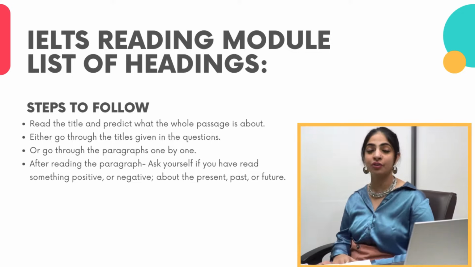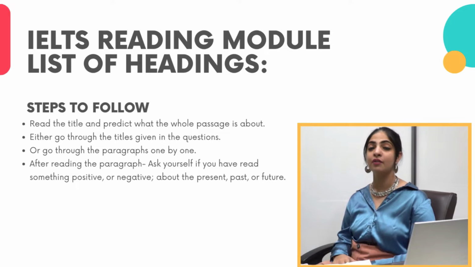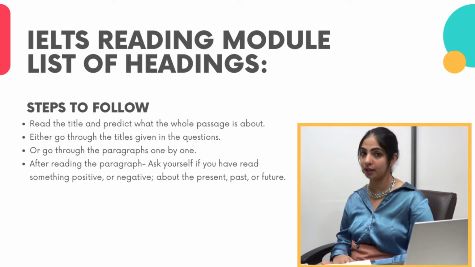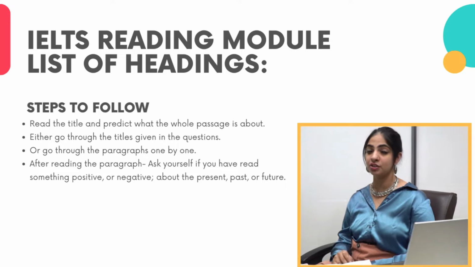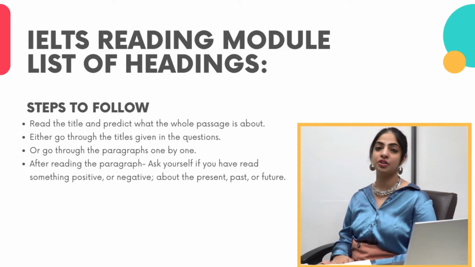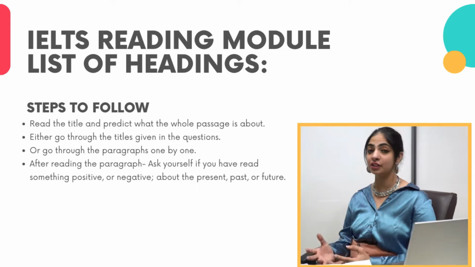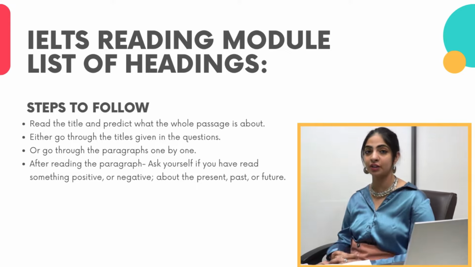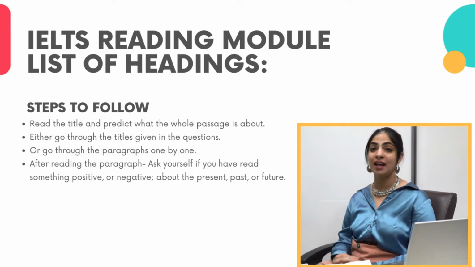And make sure you do not give more than 1.5 minutes to each question when you're solving list of headings. So if we have 6 questions, you will not give more than 8 to 9 minutes to list of headings. And if you are still finding list of headings difficult, you will stop solving them and move on to the next questions after 8 to 9 minutes are over.